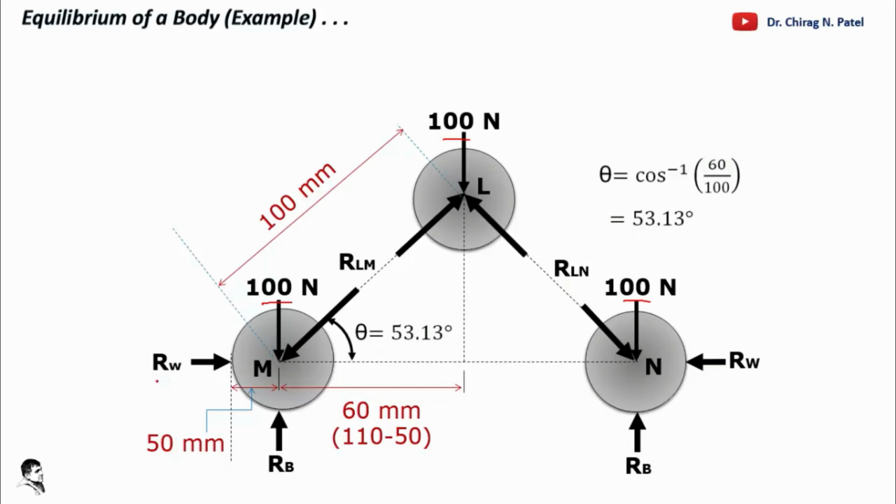So if we can take that, what is the RW, that is the reaction of the wall, RB is another force, that is from base of that container. Now you can resolve that in particular manner. So before that we can also resolve from the dimension 60, and another dimension is 100 mm. So you can find out this theta, that comes out 53.13 degree.